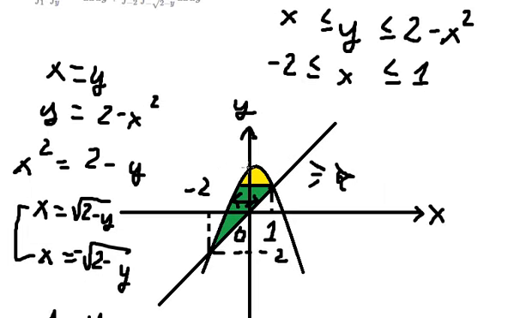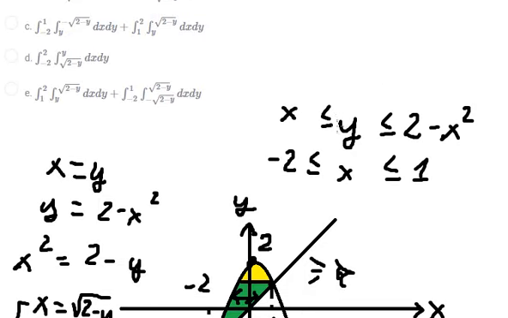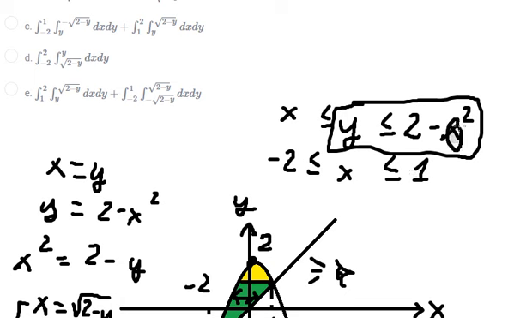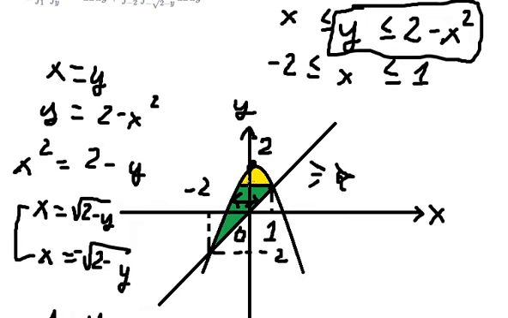And the next one, this location in here is about 2. How can I get this one? We return back to this one in here. When x equals 0, y equals 2. So that's why you got 2 in here. This point here is about 1.